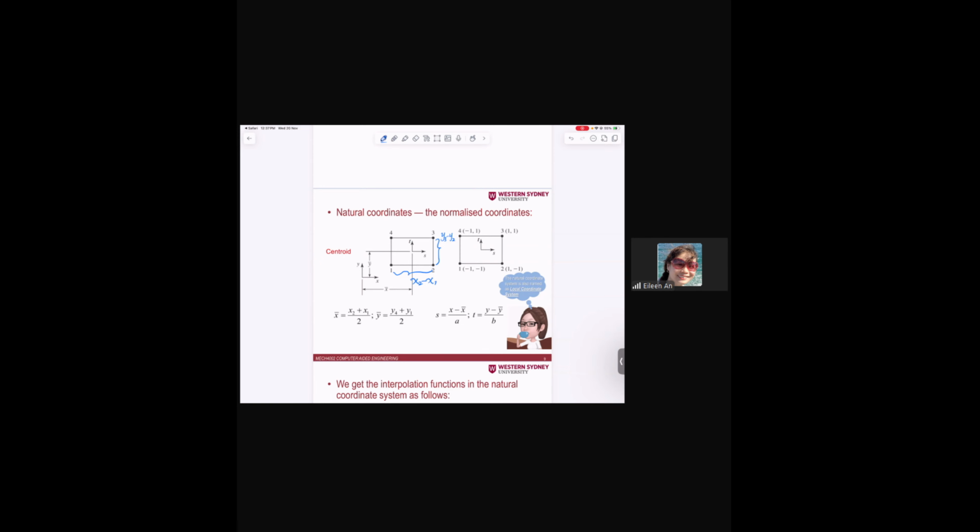And the second node has the coordinates of 1, -1, then 1, 1, and -1, 1. By using this way, we can find that the shape functions in the new local coordinate system are those. N1 equal to 1/4 times (1 minus s) times (1 minus t). N2 equal to that one, and then N3 and N4.